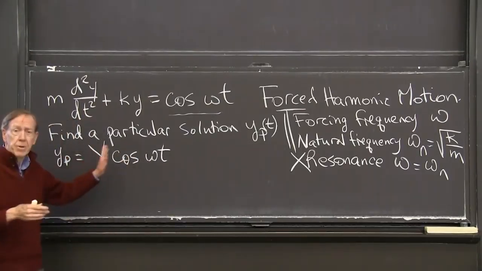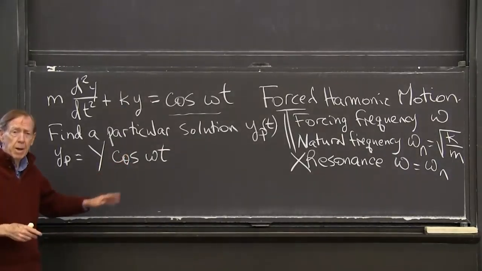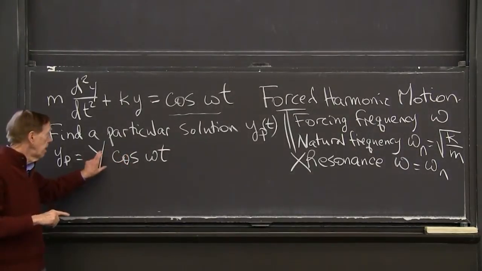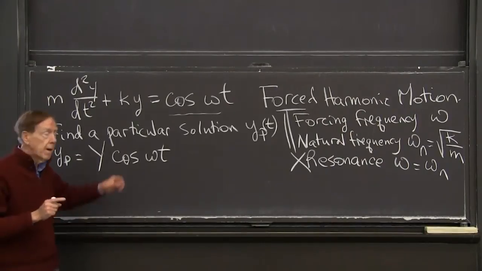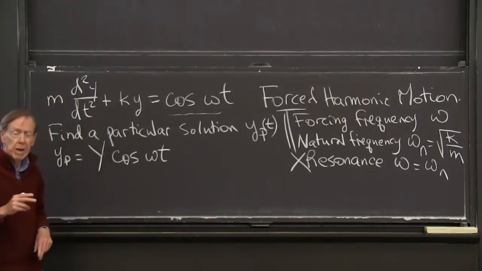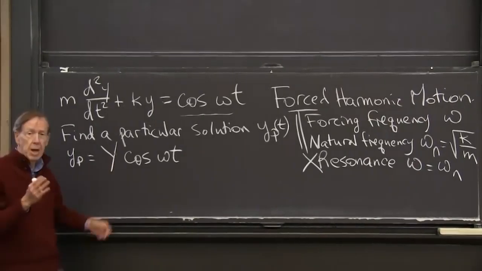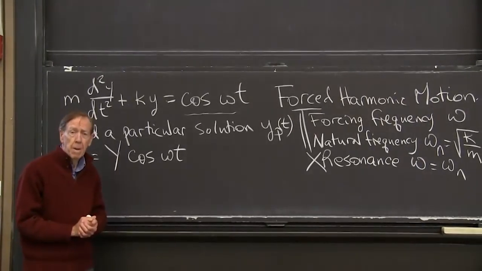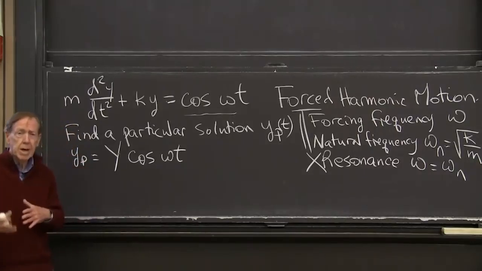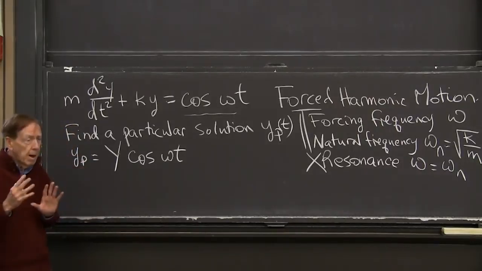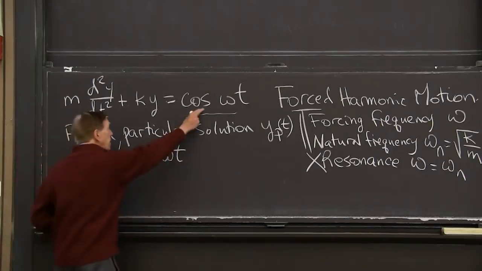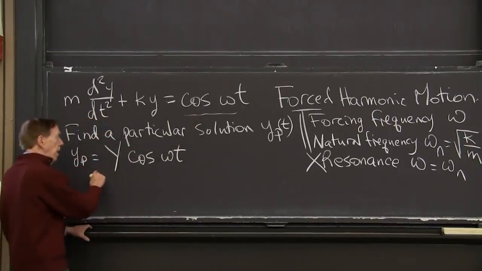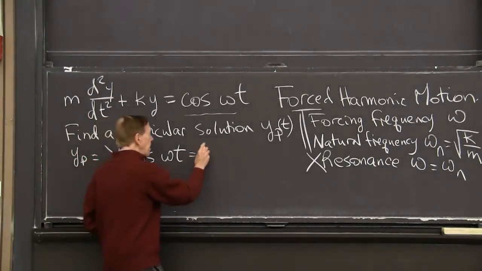I'm going to have a match of cosine omega t terms, and then I'll just choose the right number, capital Y. I won't be able to do that when there's a first derivative in there, because the first derivative of cosine will bring in sines. I'll have a mixture of cosines and sines, and then I better allow for that mixture. But here I don't have to. There's the forcing function. This is the forced response.